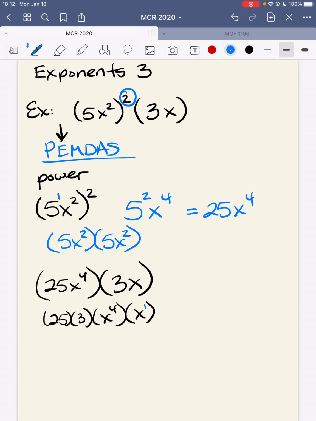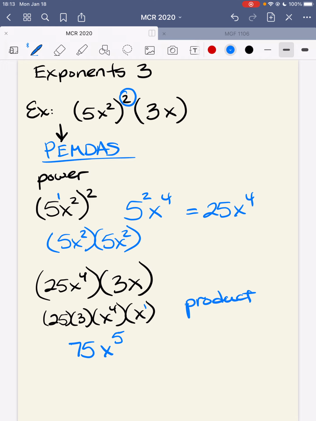How much is three quarters? Well, it's 75 cents. And I have x to the 4 plus 1, because now this is my product rule, so I have x to the 5th. So now it's just a point of making sure you do the right one first, but we're just combining the same two rules that we've been working with.